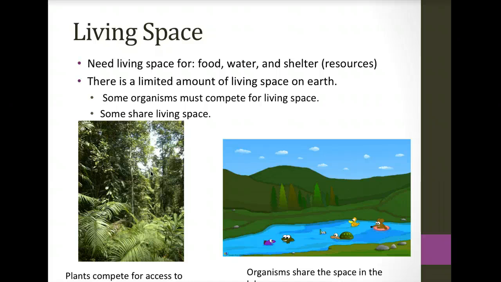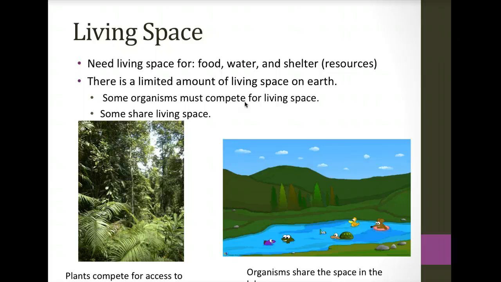So again, they need some type of living space to access that water. If you look at that second bullet, it says there's a limited amount of living space on Earth. So we're going to have to compete for living space and share living space. So it's important that we figure out how to do that responsibly and not over-maximize our living space.